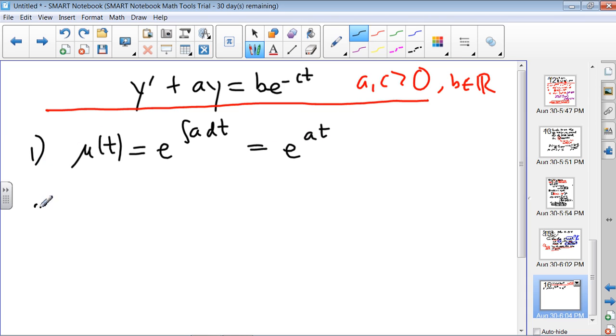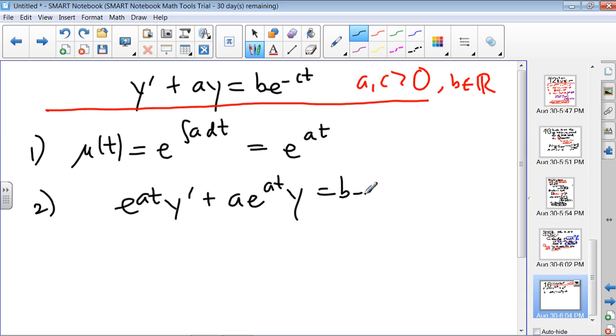Now that we've got our integrating factor, we can multiply through by it. Once we do that, on the right-hand side, we're going to do a little bit of simplification. Remember that e to the at times e to the minus ct, same base, so we add the exponents, and I'm going to subtract the t here.